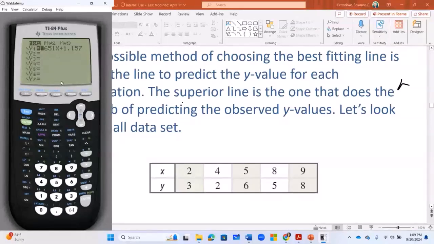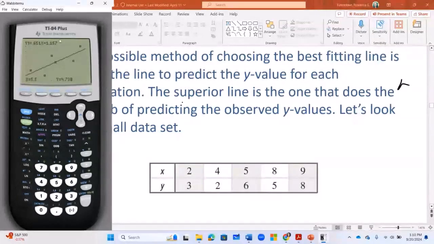But anyway, if I push graph or zoom 9 again, the line that I just graphed, the regression line, is on the data. I can see that the line has a positive slope. If I push trace and arrow down, you see that the equation is here.